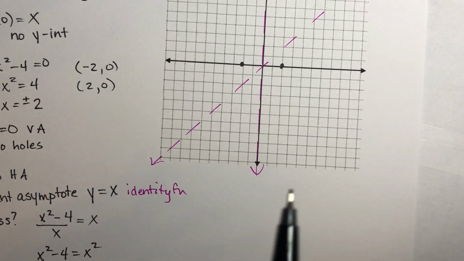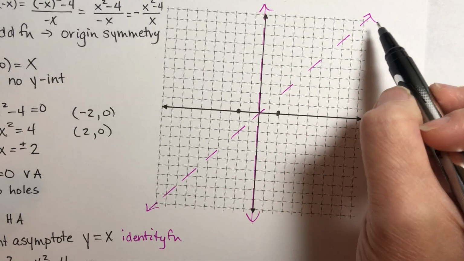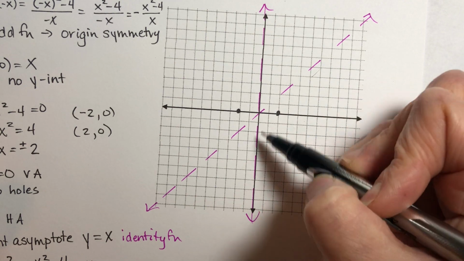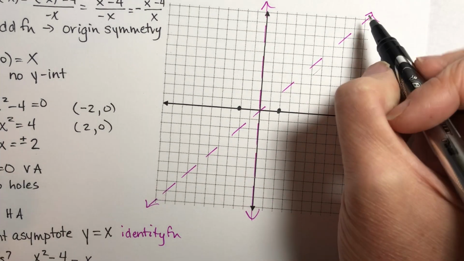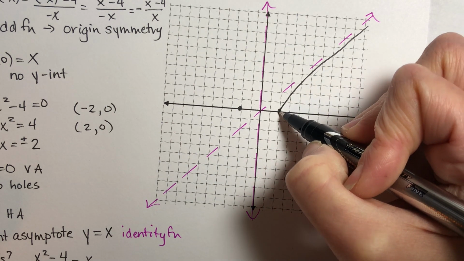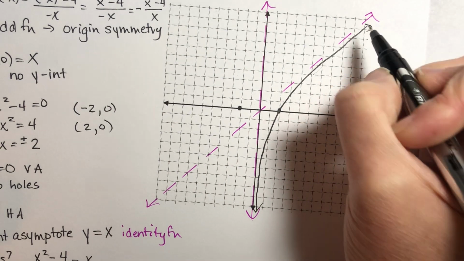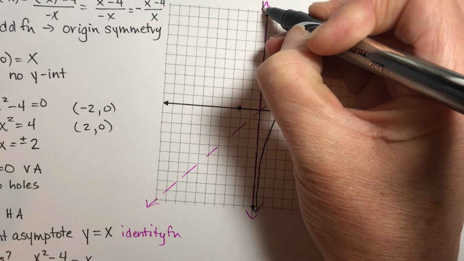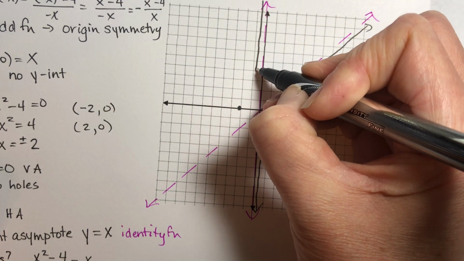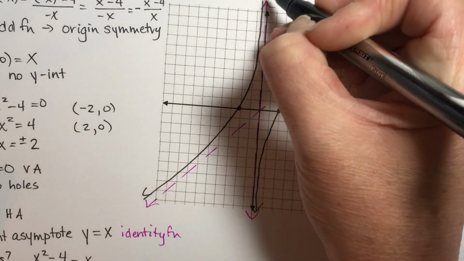Although we have a pretty good idea, because I know I never cross this and I never cross this, my graph has to go through these points. It's got to do something like this, and then here. There's no other way to get it done.